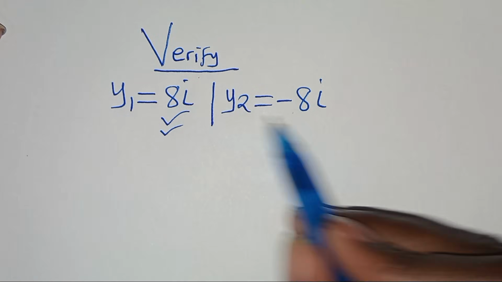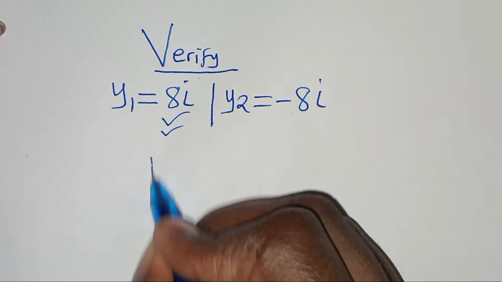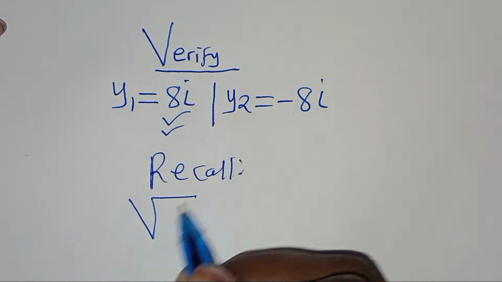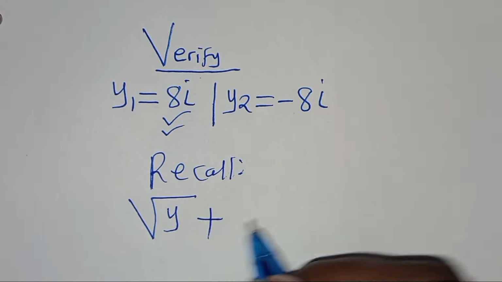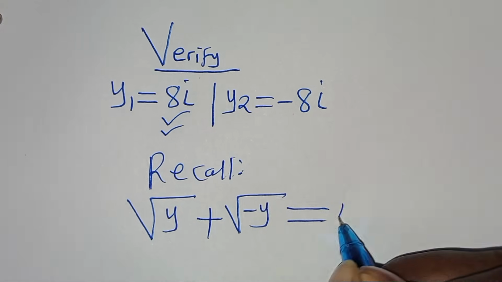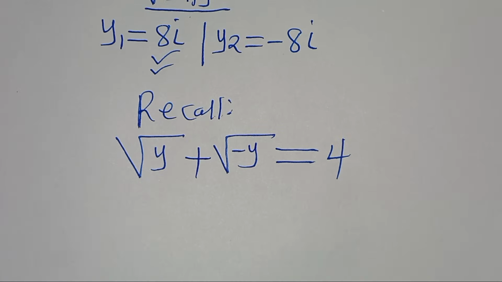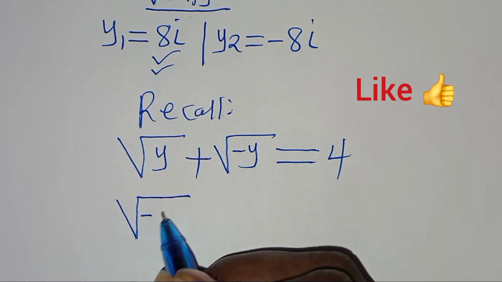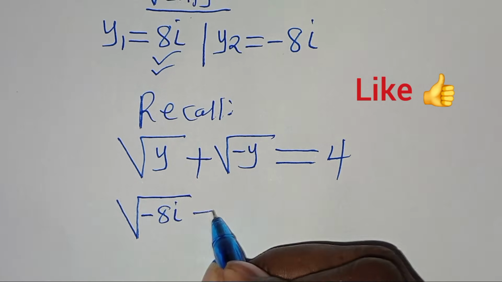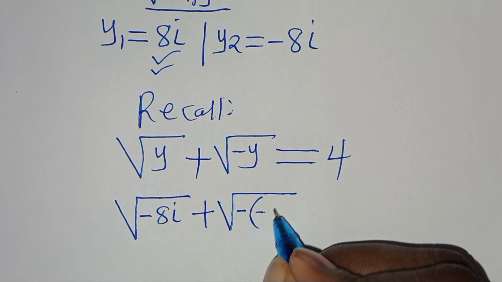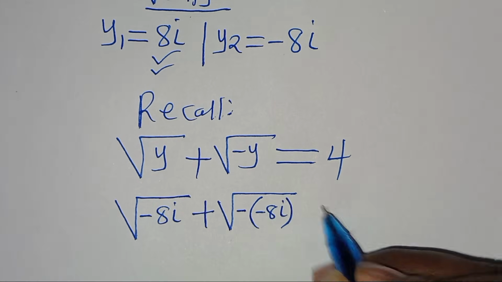Now let's take y2, which is minus 8i. Now if you recall, again we have the square root of y plus the square root of minus y. This is equal to 4. Let's substitute with minus 8i. So we have the square root of minus 8i plus the square root of minus, into the bracket, minus 8i, close the bracket here.